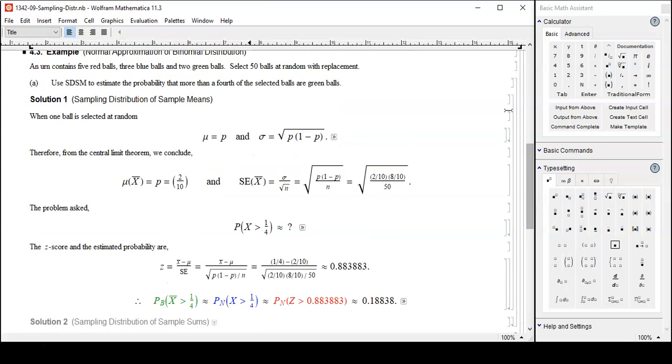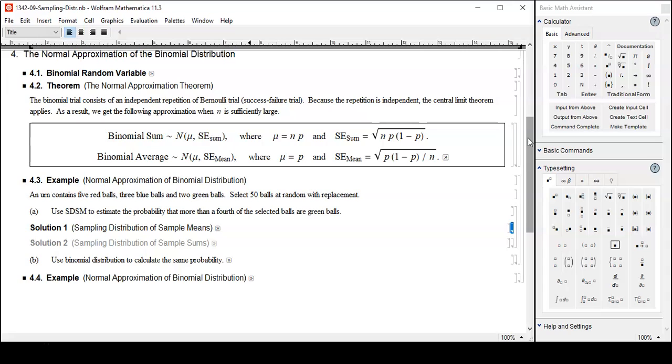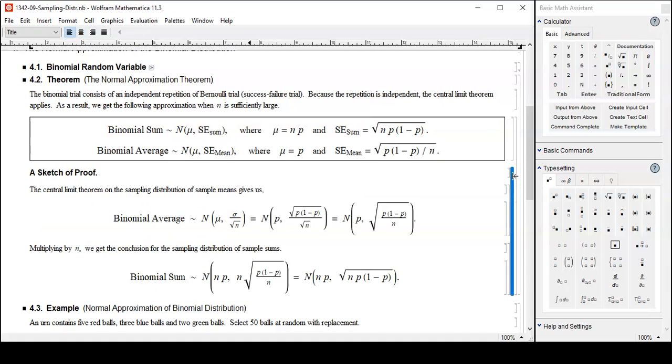Now, this is for using binomial means. Can we do the same thing by binomial sum? What's the difference, by the way? From the central limit theorem, we get this for the binomial average. And then what's the relationship between sum versus average? Add them all up, sum, and divide by n is the average.